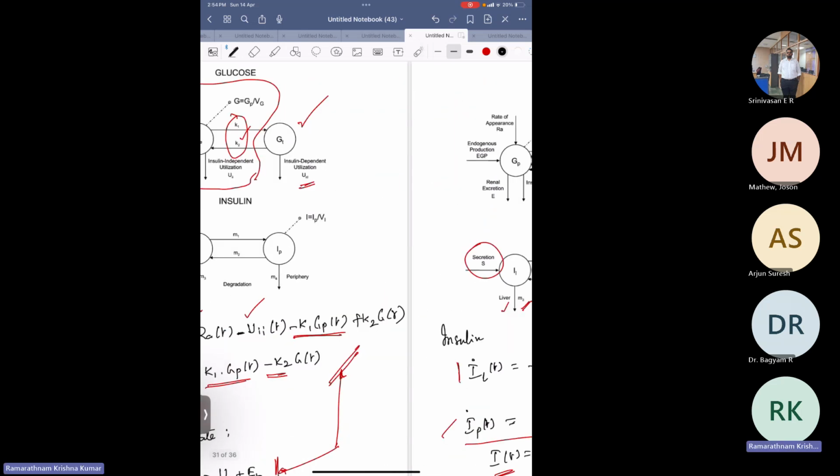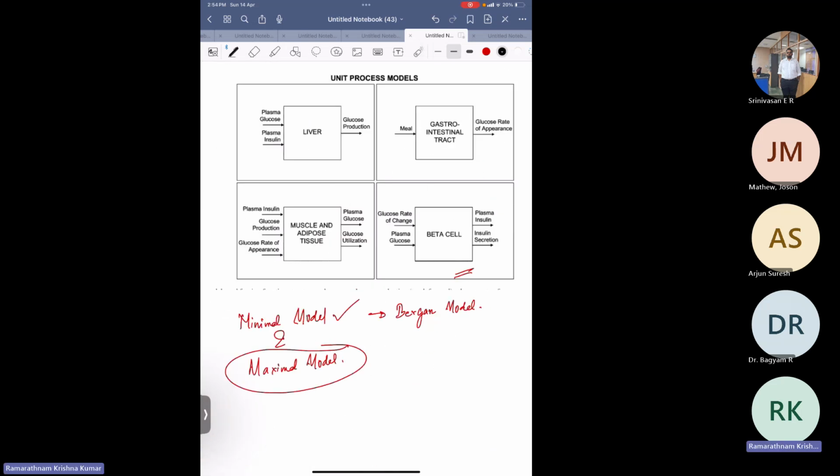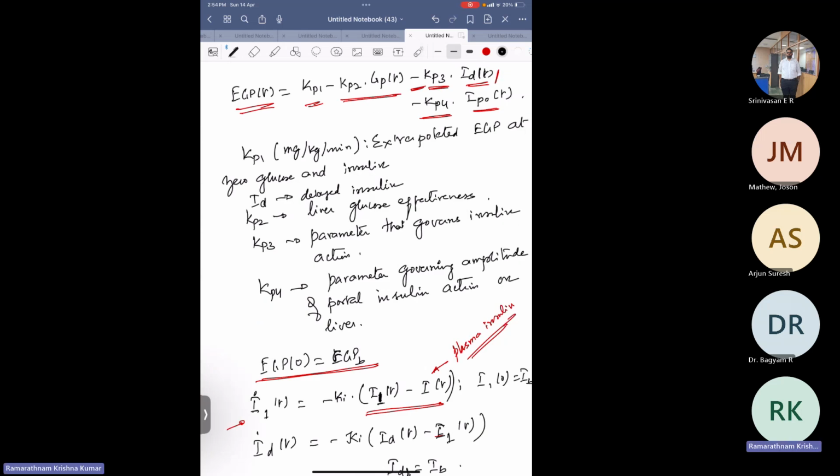That is my next job. So that is another process. So in modeling, you have to separate it out into processes. Now, EGP, endogenous glucose production, is one process. Then glucose rate of appearance is another process.